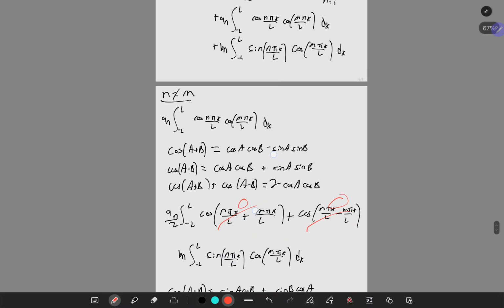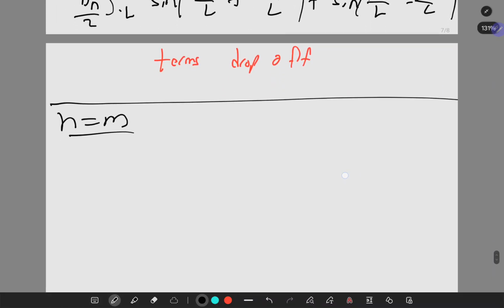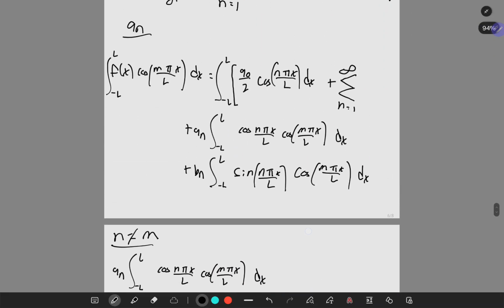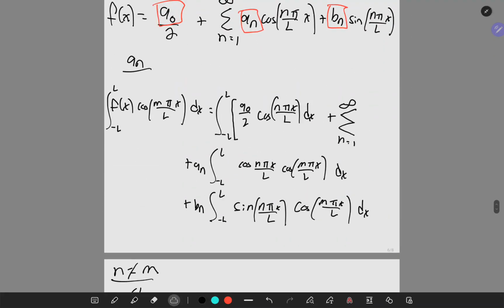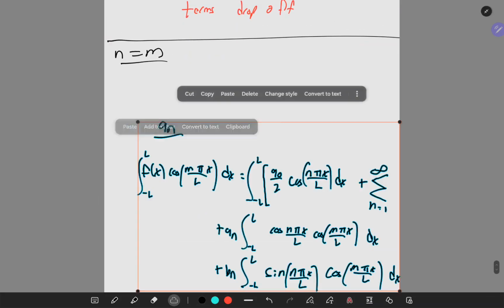So we don't need this, right? So now let's look at when n is equal to m. When n is equal to m, that's an n by the way, let me go back up here before this and copy all of this down and paste it back down here.